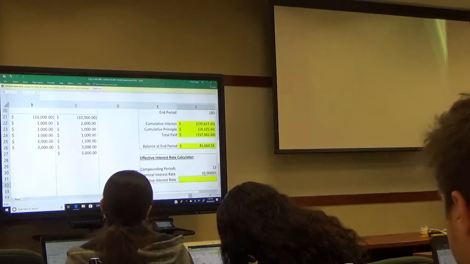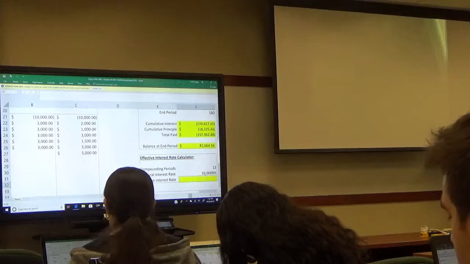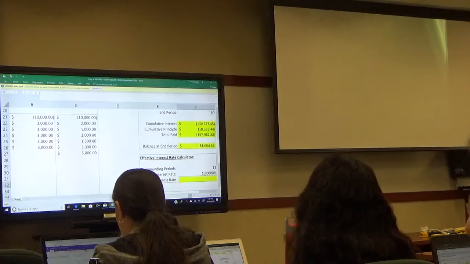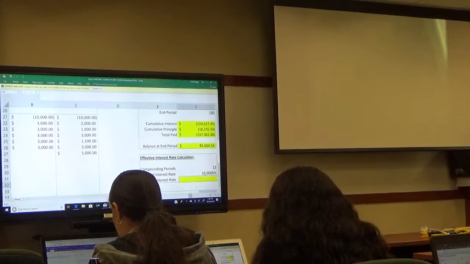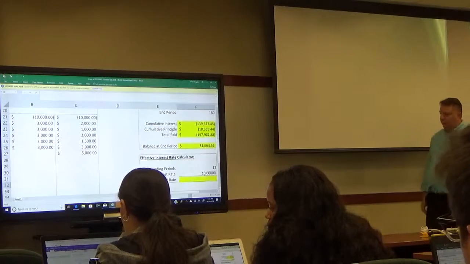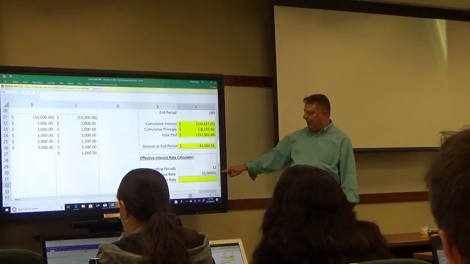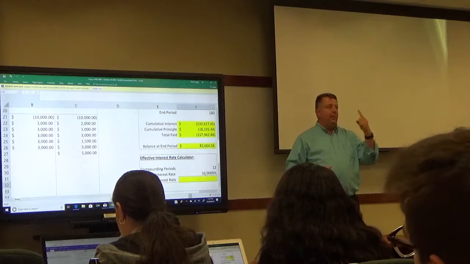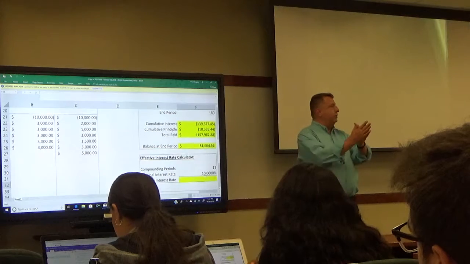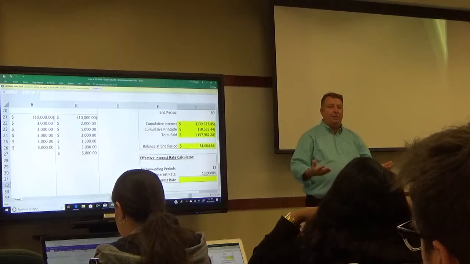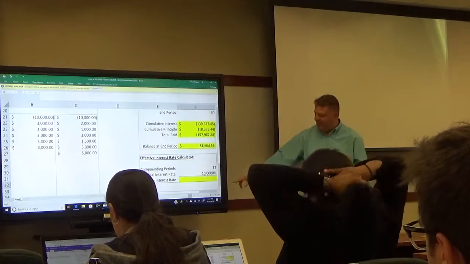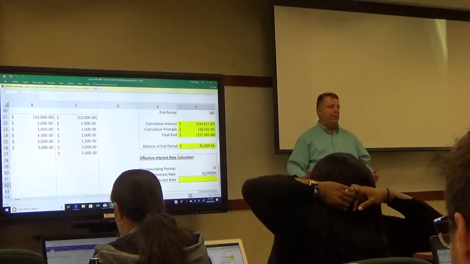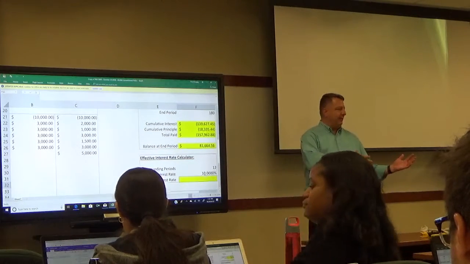The nominal rate of interest is the stated rate of interest. It's the rate that gets thrown out there, and the lender simply says your rate of interest on this loan is 10%. And that's true as long as the number of compounding periods is 1. But whenever you have multiple compounding periods, in other words 12 compounding periods or monthly compounding, that rate of interest is actually different than that stated rate. We've got to convert it, if you will, to what is referred to as an effective rate of interest.